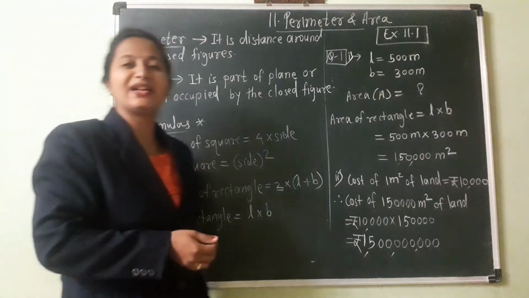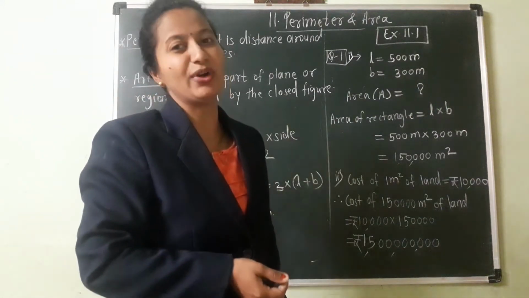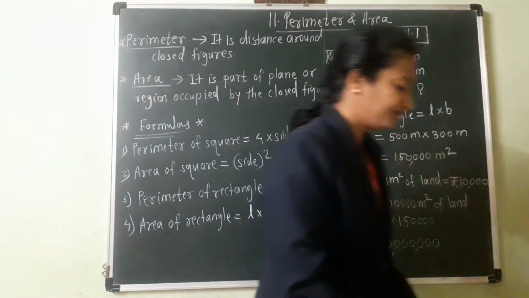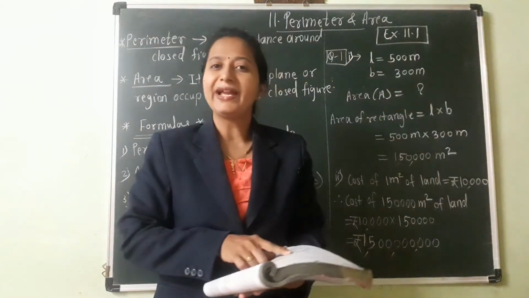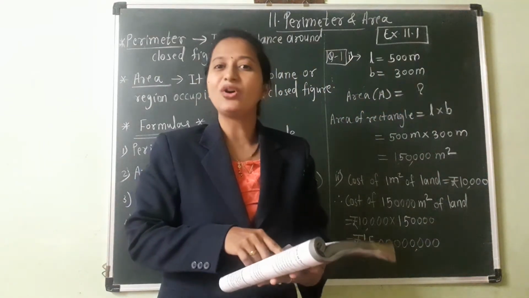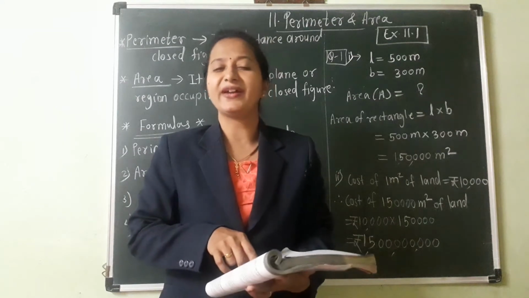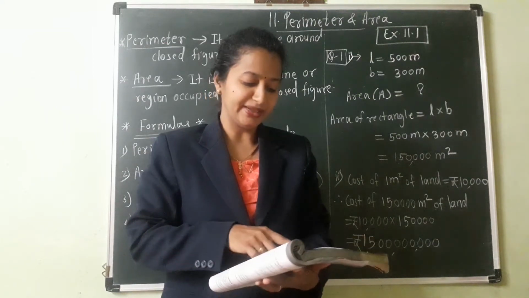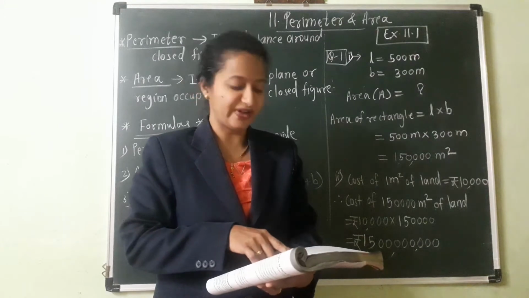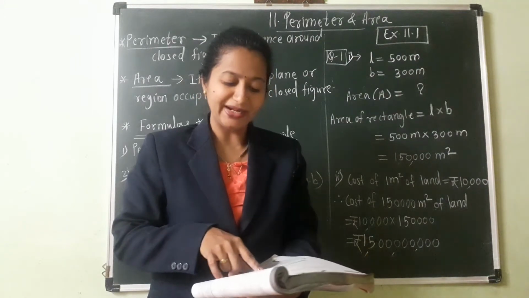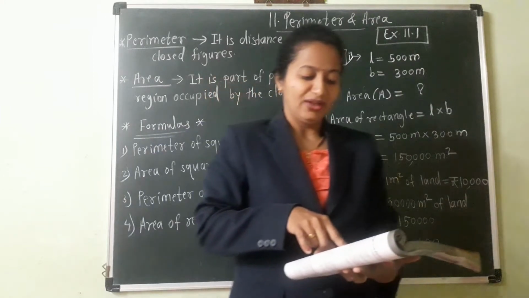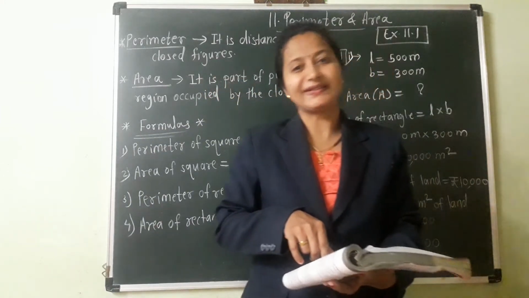Now we'll start exercise 11.1. Question number 1. In this question, the length and the breadth of a rectangular piece of land are given as 500 meters and 300 meters respectively, and we have to find its area and the cost of the land, if the cost of 1 meter square of land is 10,000 rupees.